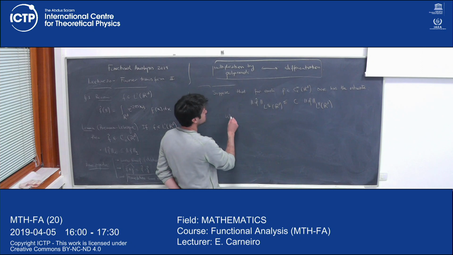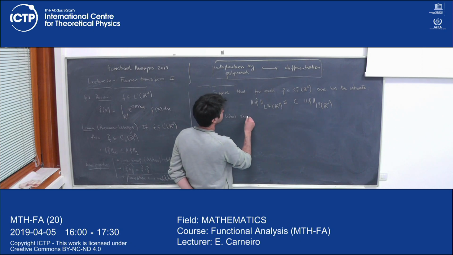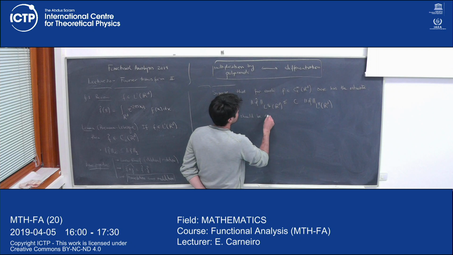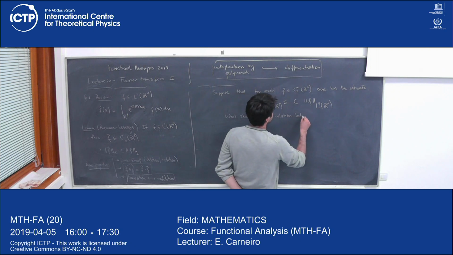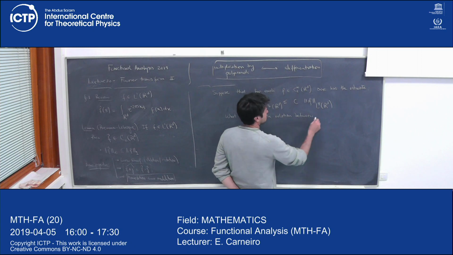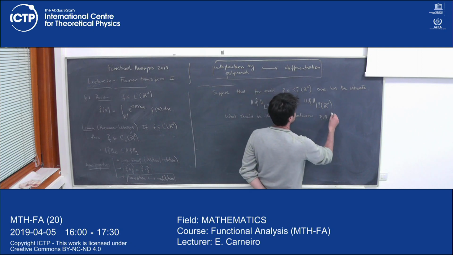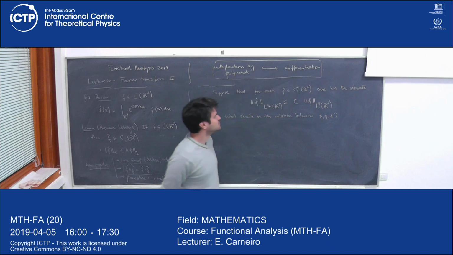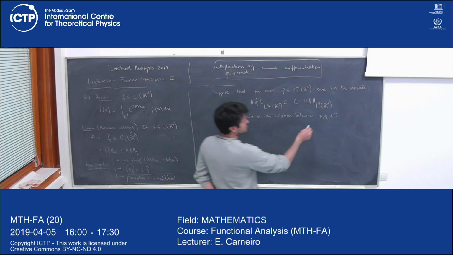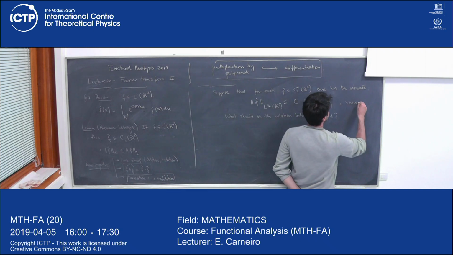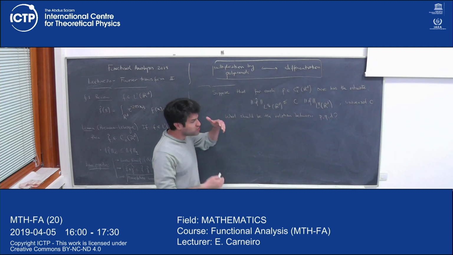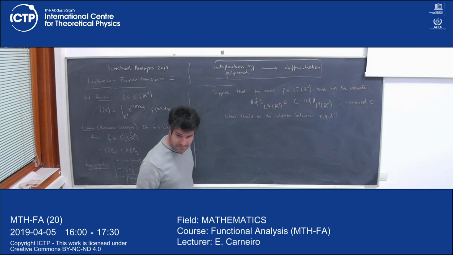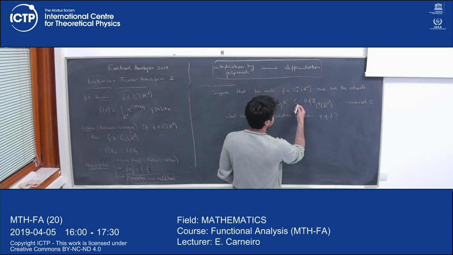And my question is, what should be the relation between p, q, and d? Okay, for a universal constant C. So suppose that you have a universal constant C, which may as well be a C that depends on d, p, and q.